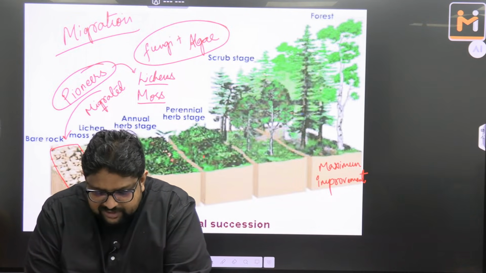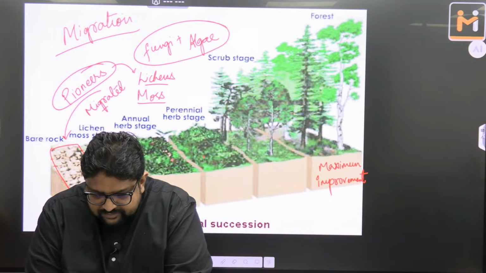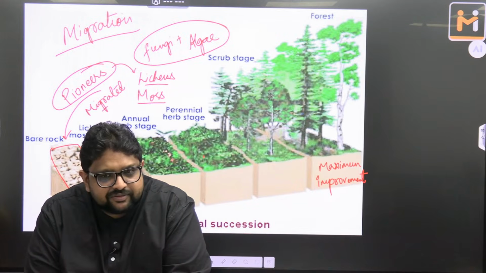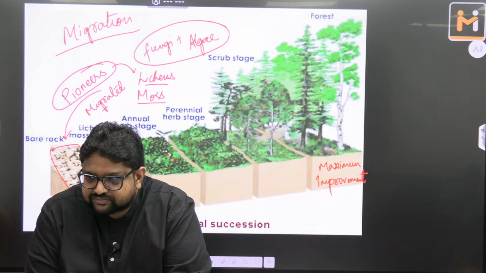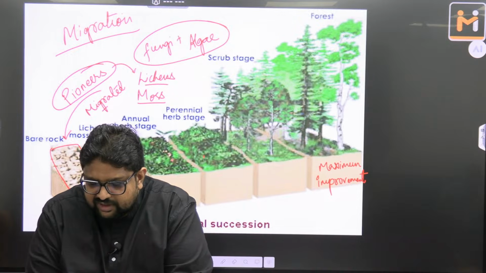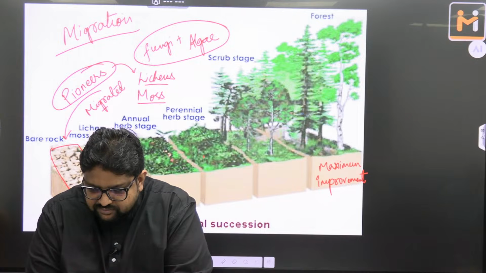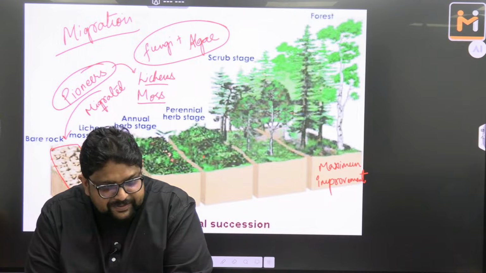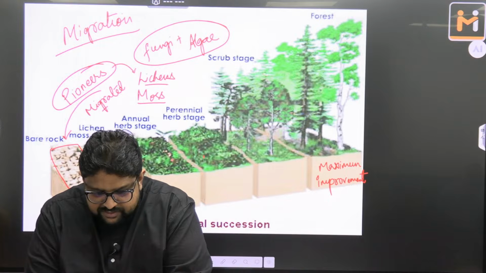So write down migration. It is the arrival of a new species into a new area.